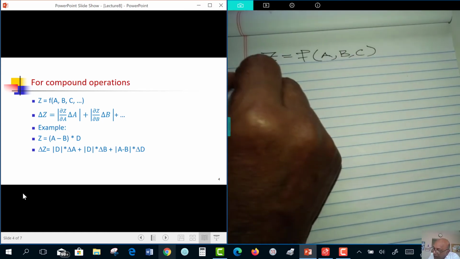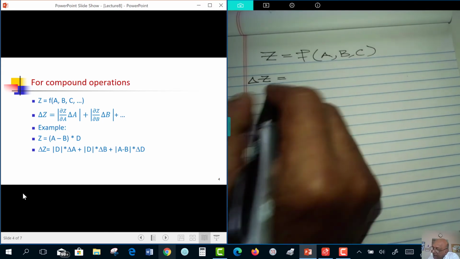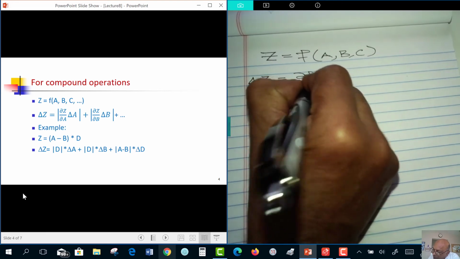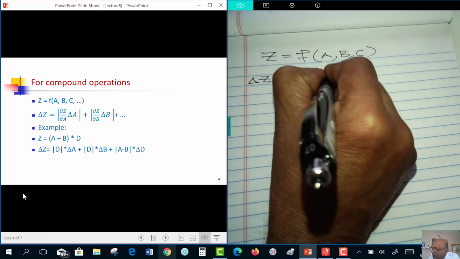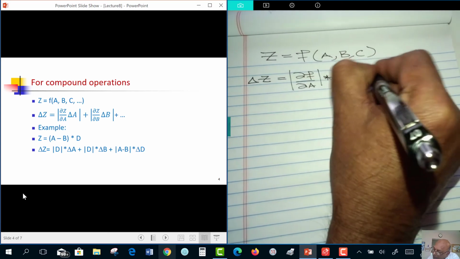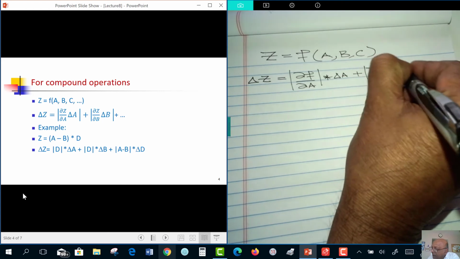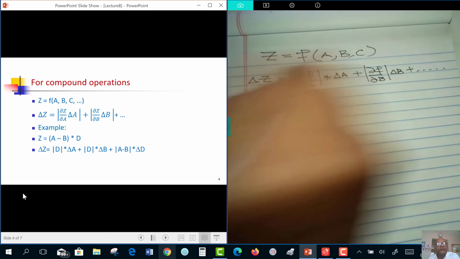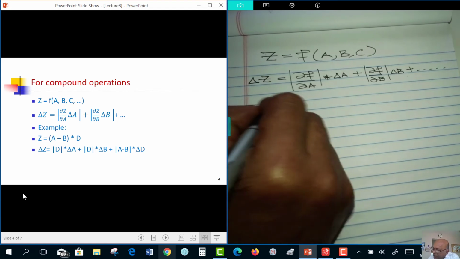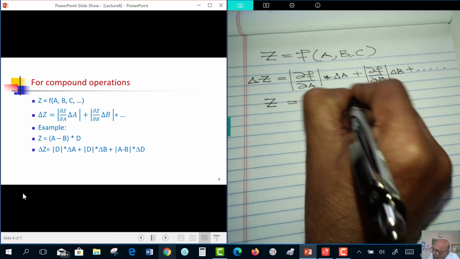So we want to calculate what is the uncertainty in Z. So what we do is we take the partial derivative with respect to A, multiply by delta A. Partial with respect to B, multiply by delta B, and so on and so forth. So let's take an example. Let's suppose our function was A minus B times D.